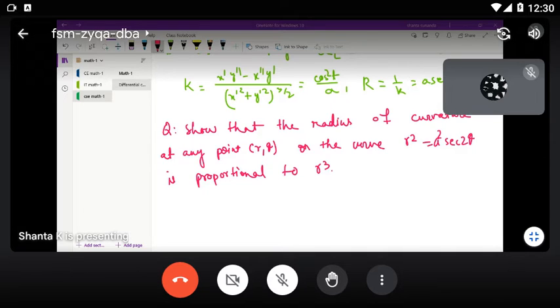Find the radius of curvature, and if there is any r cube term, proportional means it must be at least in the denominator, it will be r cube term or the powers of r cube.